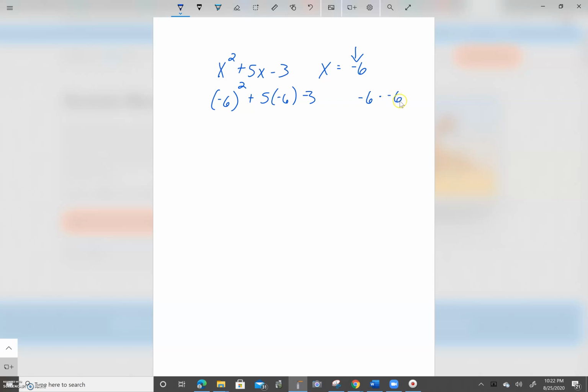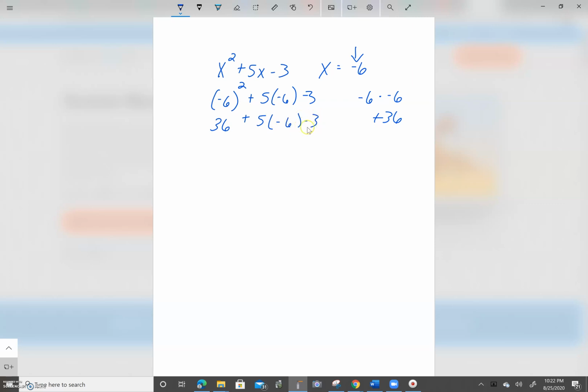So here's the other piece you don't want to forget: a negative number times a negative number is actually a positive number. So this is actually positive 36. Okay, plus, and then 5 times negative 6 minus 3.